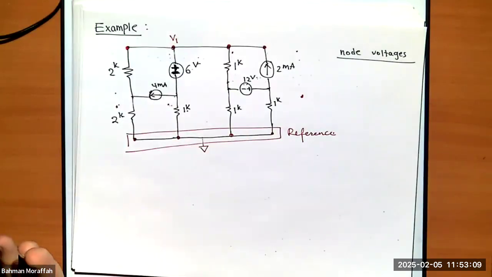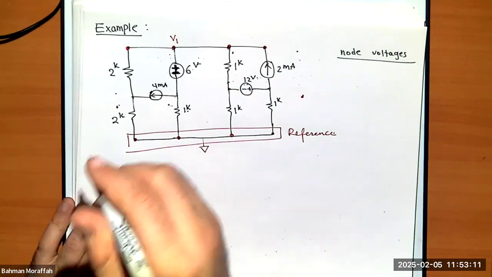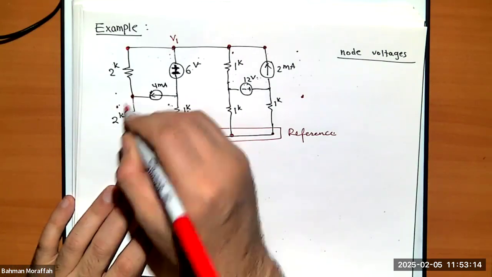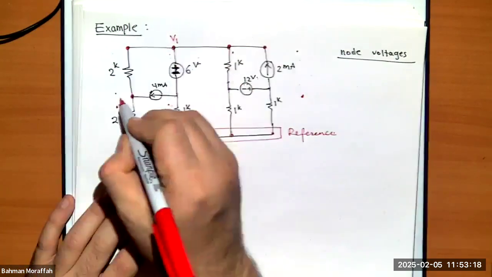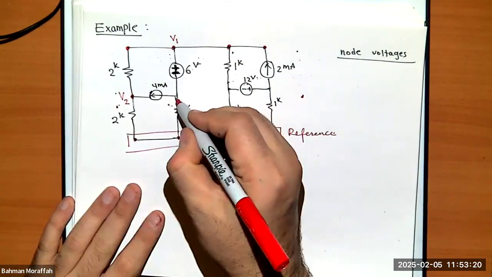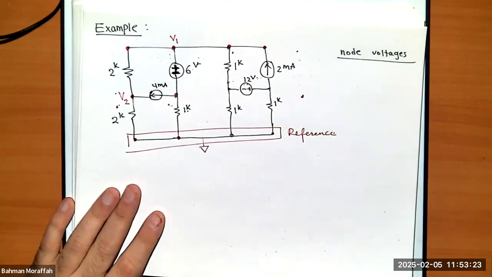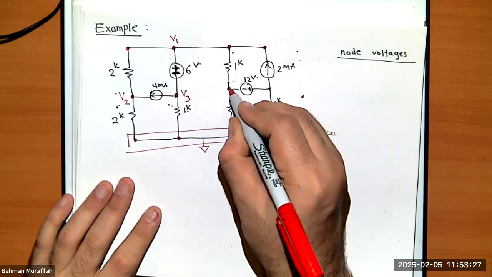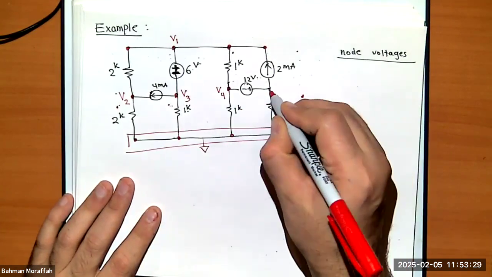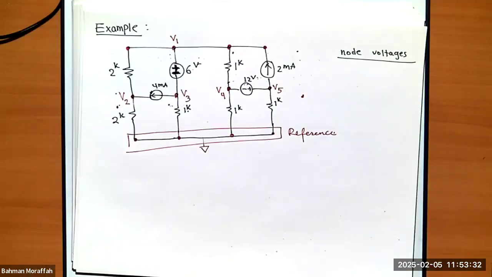How about this guy? Still V1. How about this guy? It is a new one because there is a potential difference between V1 and this node. How about this guy? Still a new node, V3. This is a new node, V4. That's the new one, V5. That's all the nodes I have in this circuit. I got nothing else.